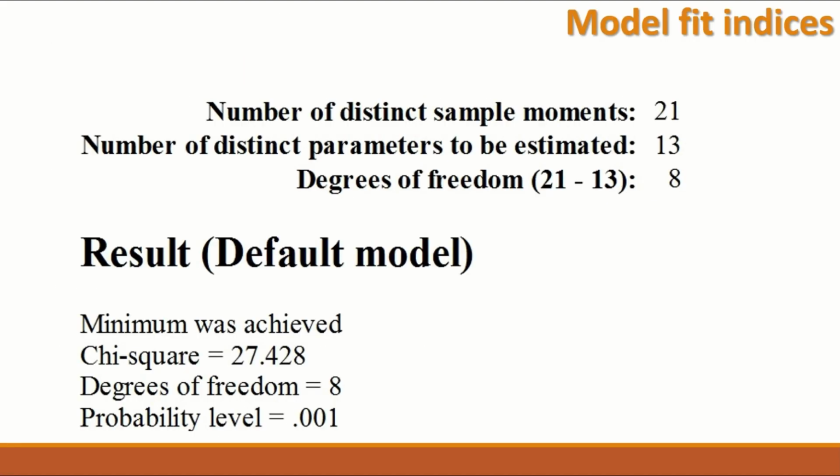So this is a description and a list of an output generated from CFA analysis. As shown here, the degrees of freedom is 8, the chi-square is 27.4, and the probability level is less than 0.05.